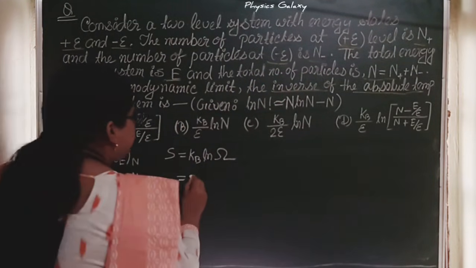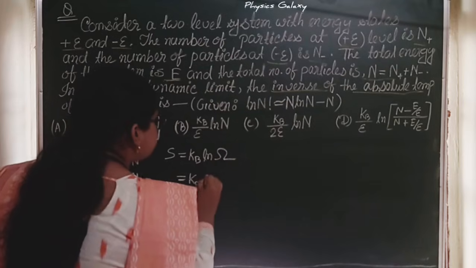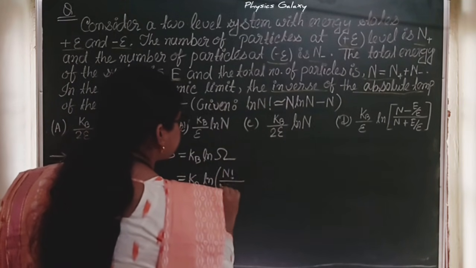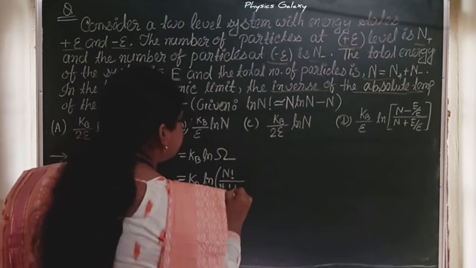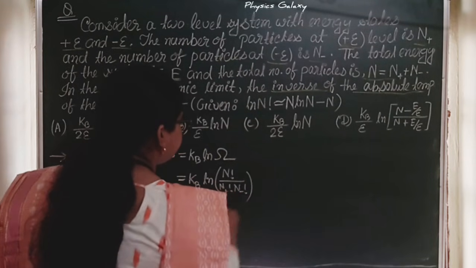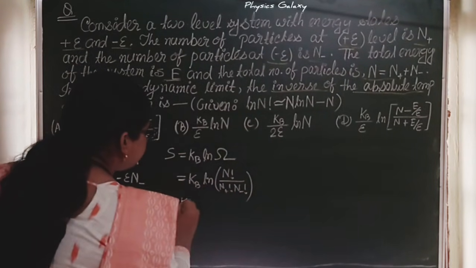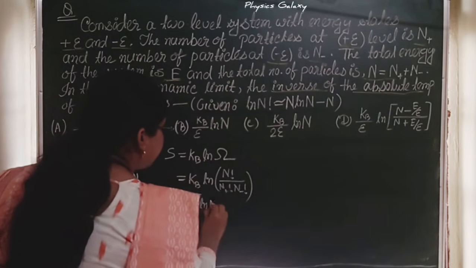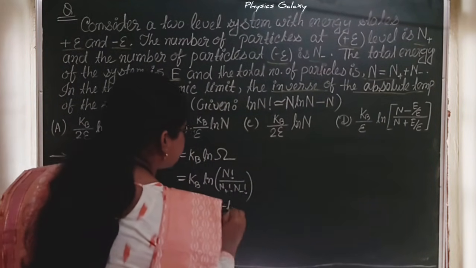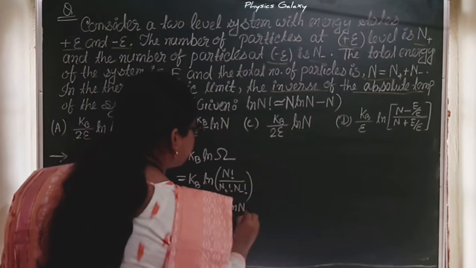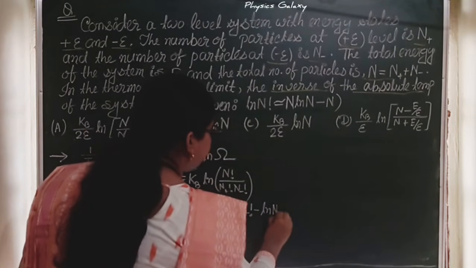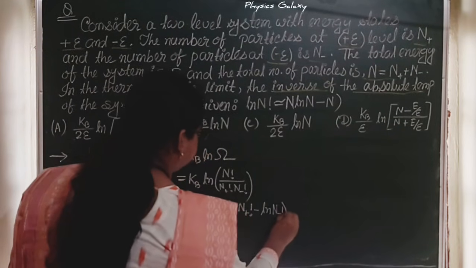So the number of microstates will be n factorial by n plus factorial into n minus factorial. From this we will get Kb into ln n factorial minus ln n plus factorial minus ln n minus factorial.